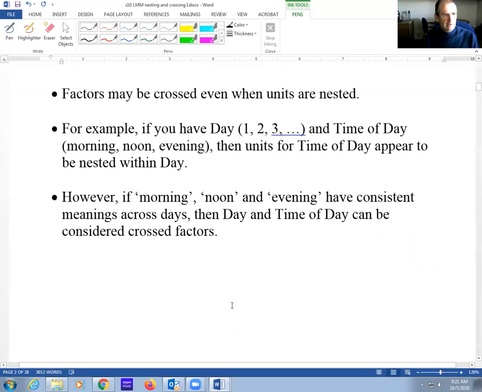Whereas factors are going to be crossed in the example we talked about last week, where we had day and we took measurements at time of day: morning, noon, evening. If those have the same meaning, then they're considered crossed. If they don't, then they're nested. So with that example, what would we need to ensure that those are crossed factors?